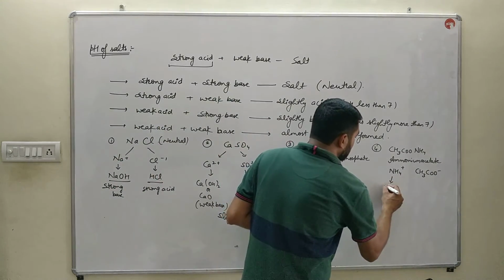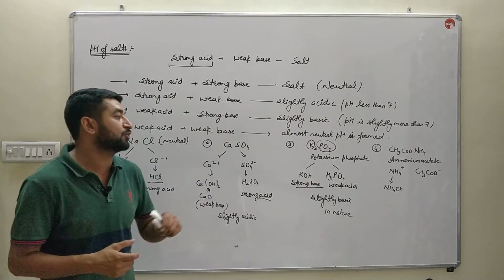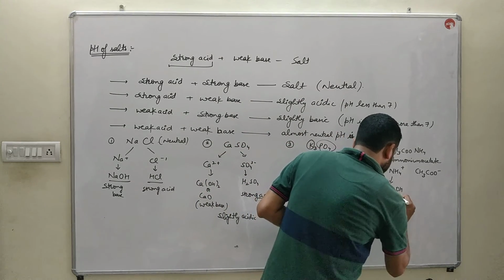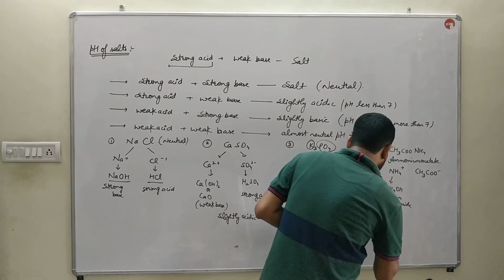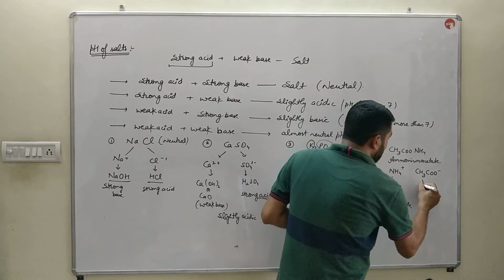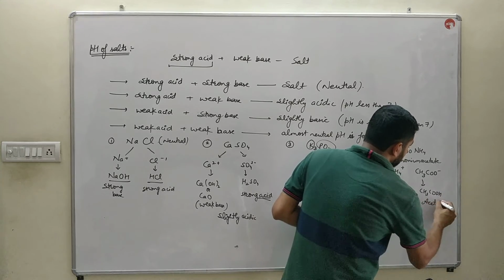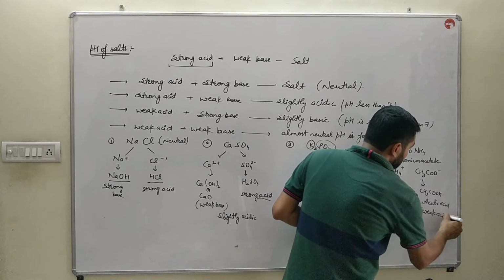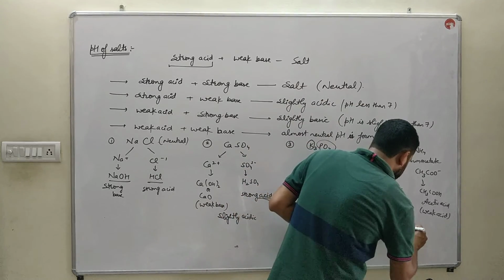The positive charge ion came from the base, so the base would be NH4OH, ammonium hydroxide. This is the base involved in this, which is a weak base. And the acid is acetic acid, CH3COOH. Its common name is vinegar, which is also a weak acid. So when weak base and weak acid react with each other, the nature of the salt is neutral.